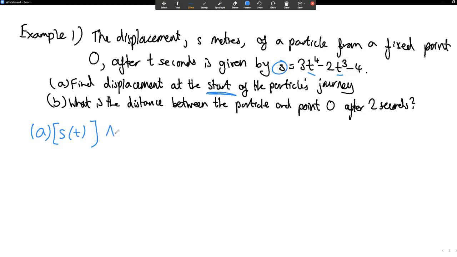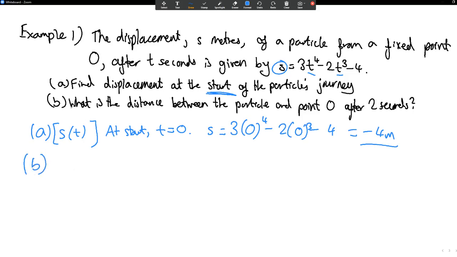So at start, the time is equal to 0 because it's the beginning. So let's substitute that into the formula we have. So we have s equals 3(0) to the 4 minus 2(0) to the 3 minus 4, like so. And obviously these two go to 0, and we just get minus 4 meters.